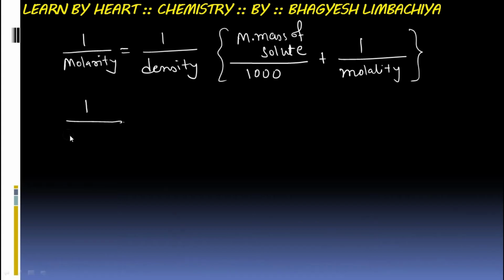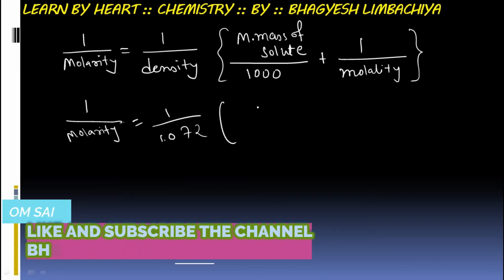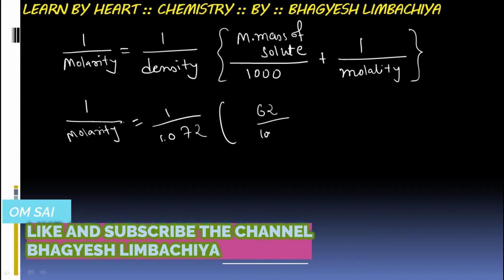So 1 by molarity equals 1 by density, and it is given to you 1.072. Molecular mass of solute 62 divided by 1000 plus 1 by molality, and it is 17.95, which is calculated.